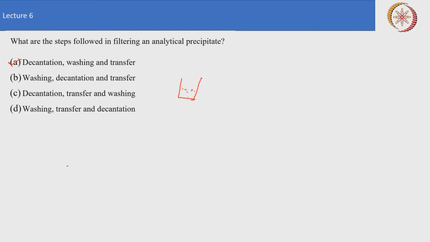So the decantation method. Basically, decantation means suppose you have some sample in liquid state and some solid compound is there. Basically, you have taken some conical flask, and a funnel, and there a filter paper is there.